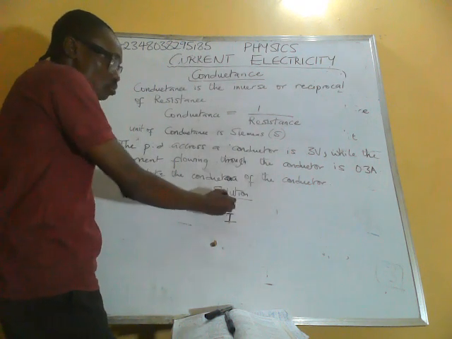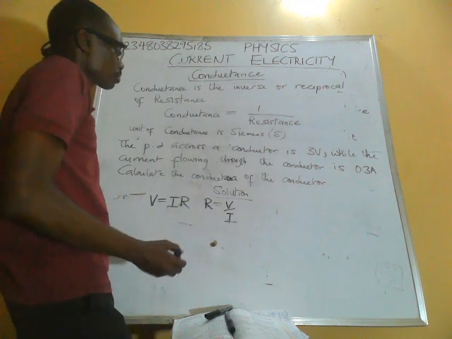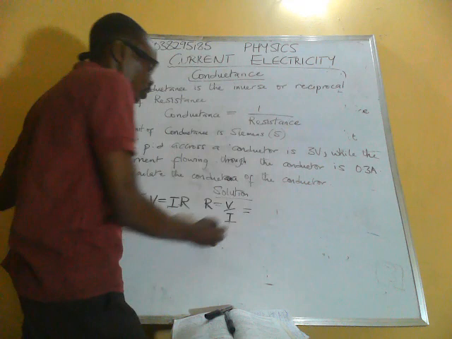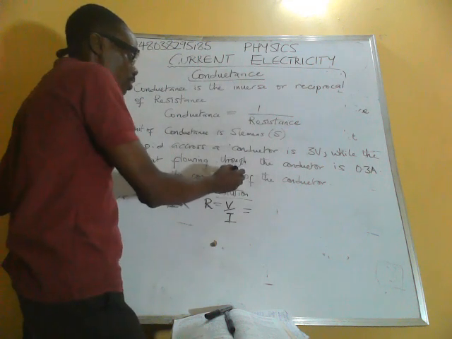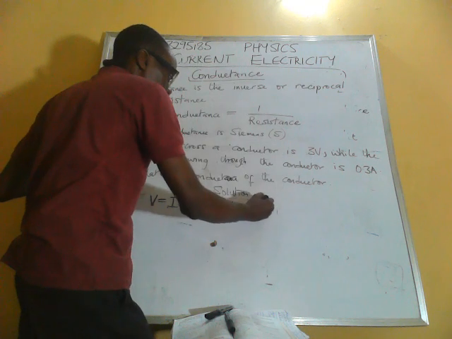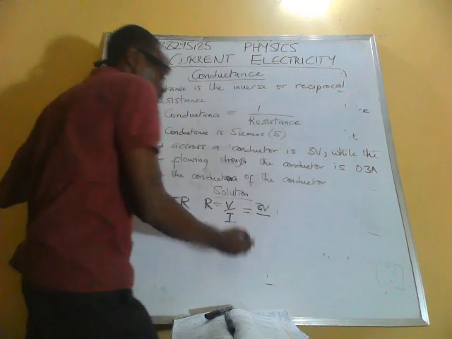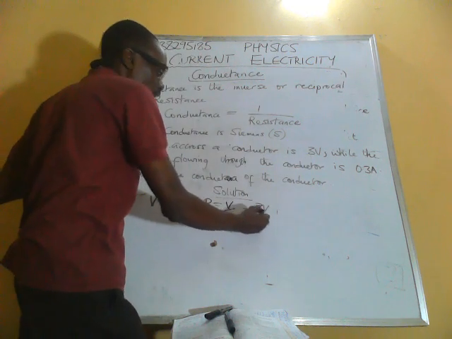So R is equal to V over I. Now, V is the potential difference, which is 3 volts. Our current is 0.3 amperes.